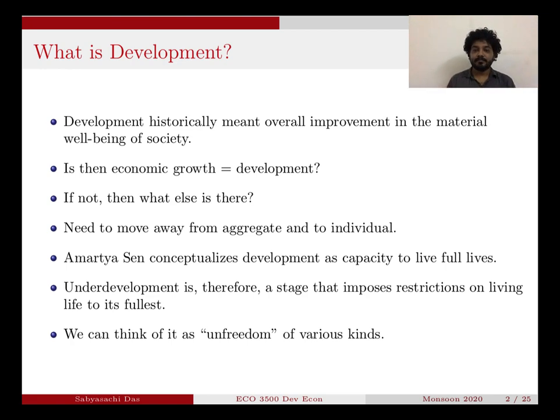Okay? And these kinds of restrictions on living a full life, these specific restrictions on, say, health or, say, education, etc., we can think of this as unfreedom, that individuals are not free to have a healthy and long life. There are restrictions imposed by societal structures so that a vast majority of individuals, say, are not able to attain that goal.